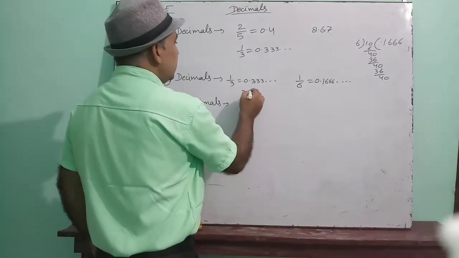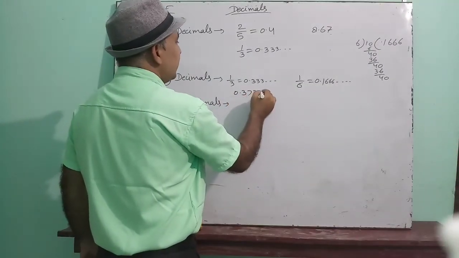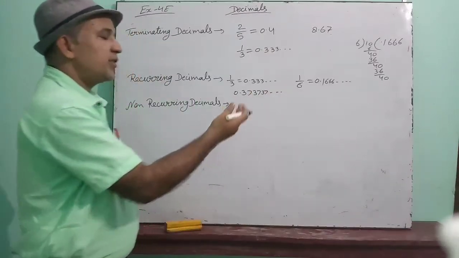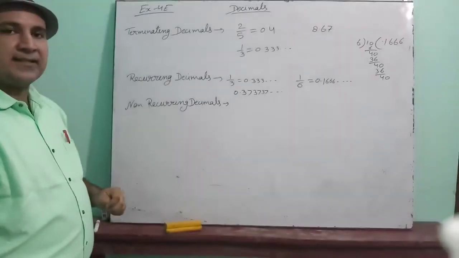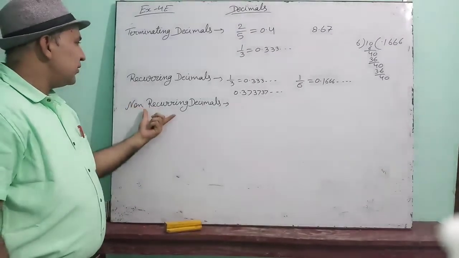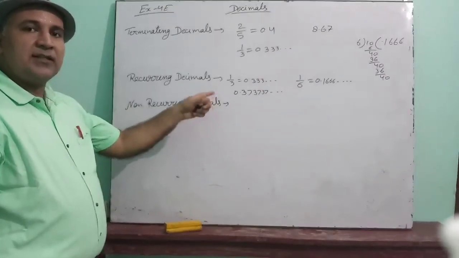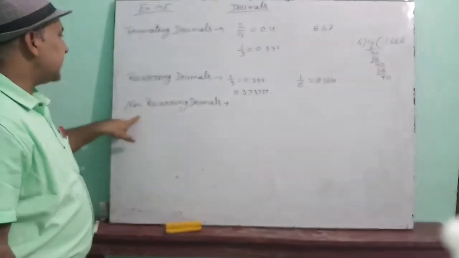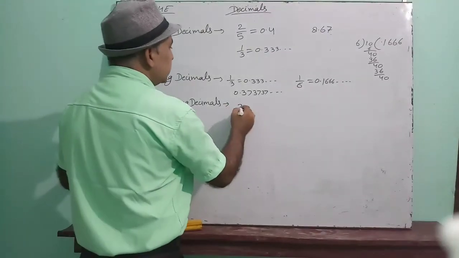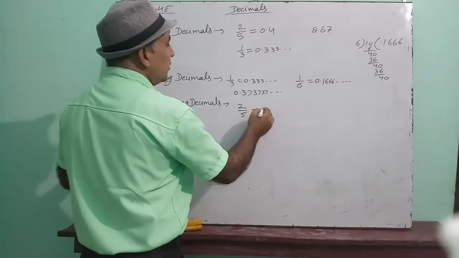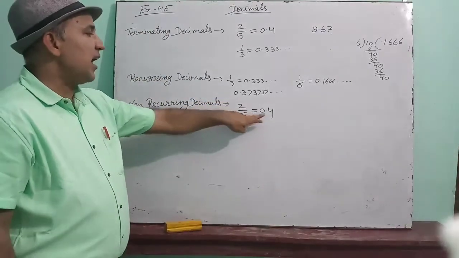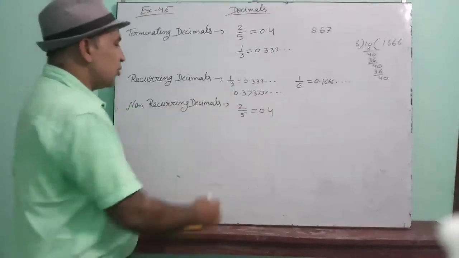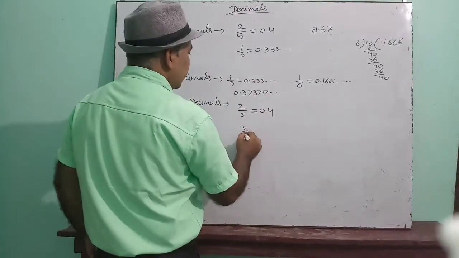See, suppose 0.373737. After the decimal, 2 digits are repeating. That will be called a recurring decimal. And if after the decimal the digits are not repeating, that will be called non-recurring. Just like 2 by 5, because its division is over. When we divide, after a certain number, division is over. See this one, 3 by 8.